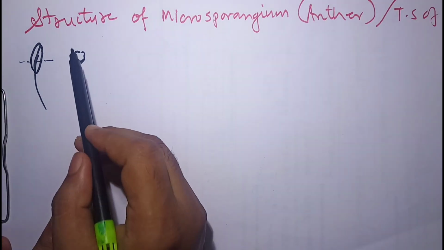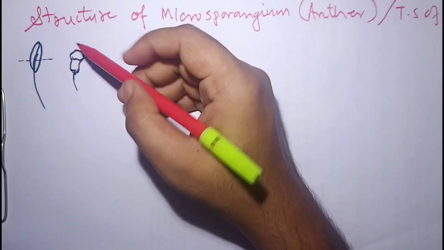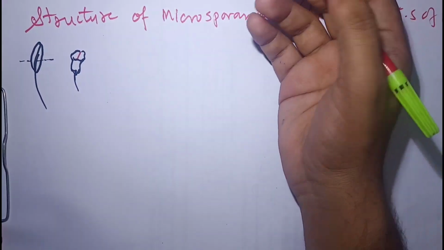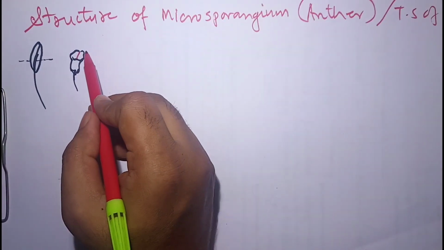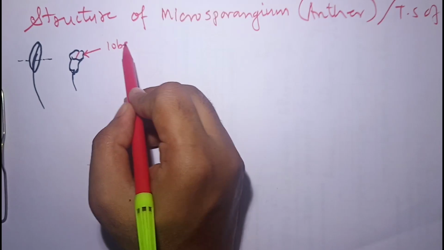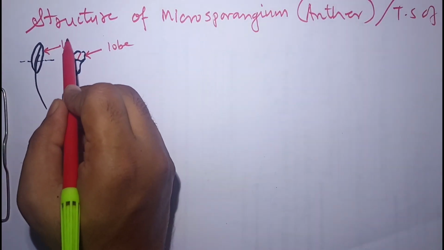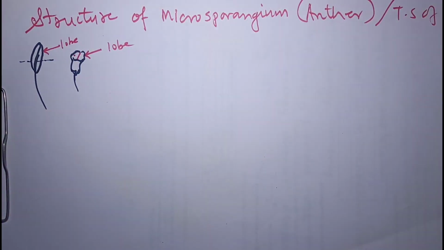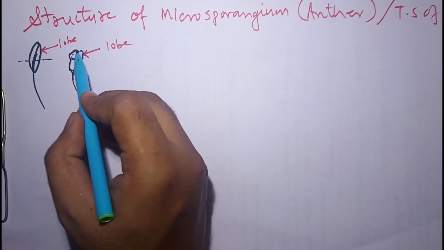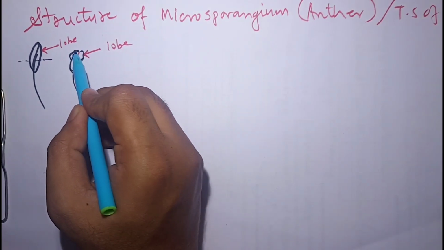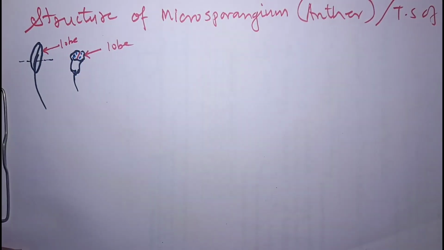After cutting, there are two divisions. Here you can see, this is the first lobe and this one is the second lobe. Now in this lobe you can see the presence of two circular structures, one here, second here, third here, and fourth here. This structure we call pollen sac.